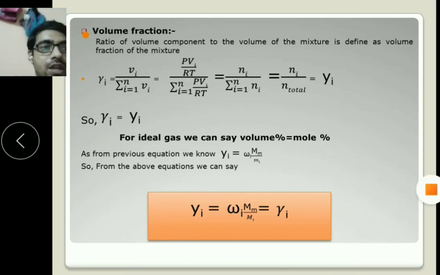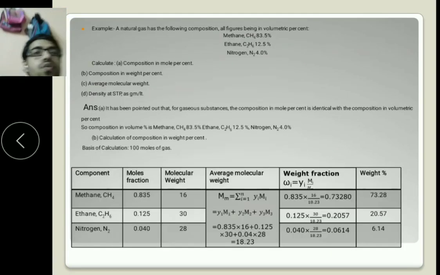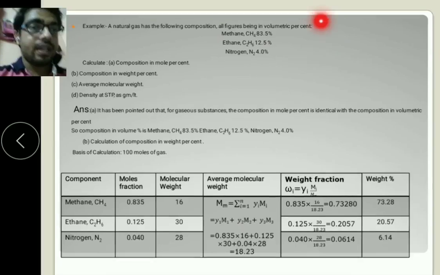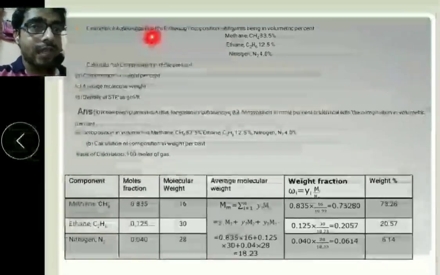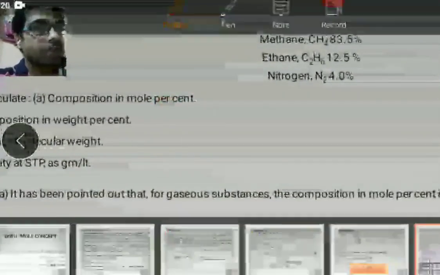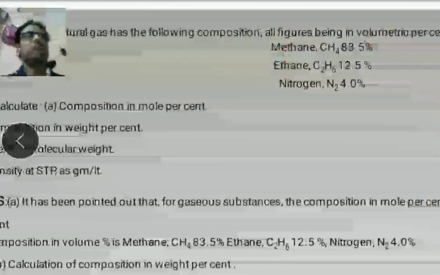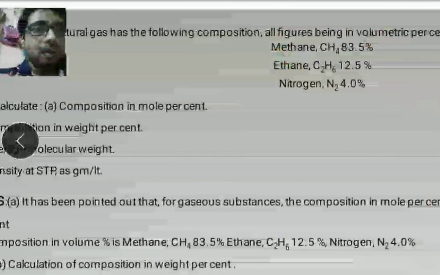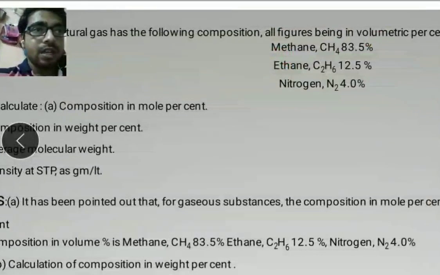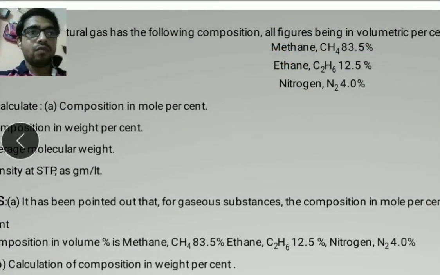Okay, so we are going to an example. A natural gas has the following composition by volume percentage: methane 83.5%, ethane 12.5%, and nitrogen 4%.